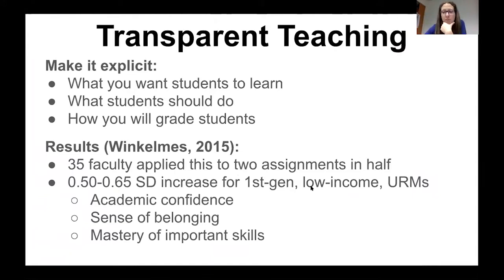That typically includes Black, Latinx, and Native students. This was really helpful for the students' academic confidence, sense of belonging. Pam mentioned how important the sense of belonging is, and also their experience and perception of mastering important skills. So this transparency is a really high leverage point for making our classrooms more accessible.